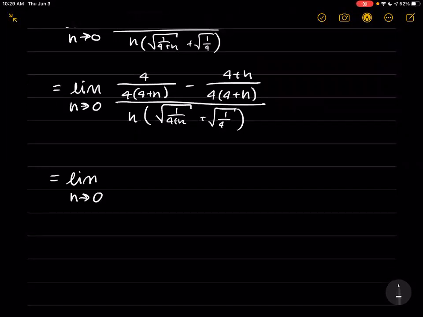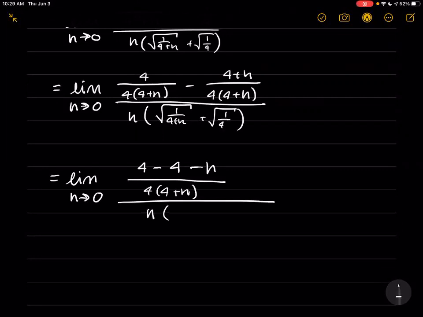So we get 4 minus 4 minus h, don't forget to distribute that minus sign appropriately, over 4 times 4 plus h, all over h times square root of 4 plus h plus square root of 1/4. Okay.